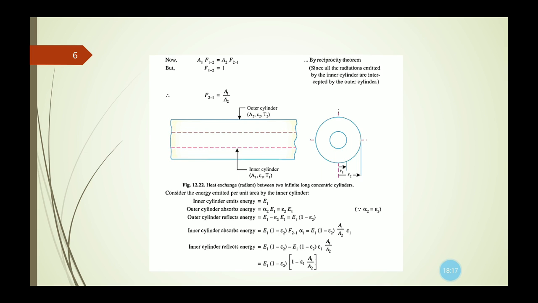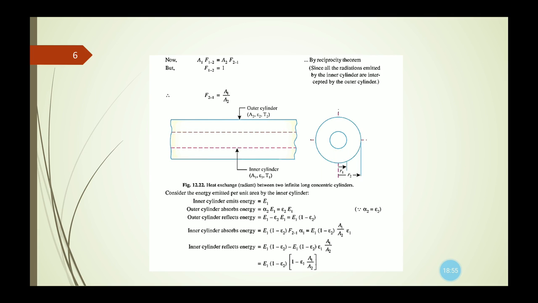Now let us consider the energy emitted per unit area by the inner cylinder. So the inner cylinder emits the energy that is capital E1 as per our consideration. Then the outer cylinder absorbs the energy that is alpha 2 into E1. It will be multiplied by the absorptivity. That means some fraction of the total irradiation is absorbed by the outer cylinder. So this equals alpha 2 E1.